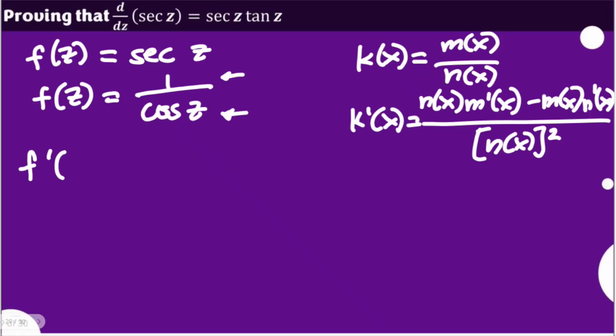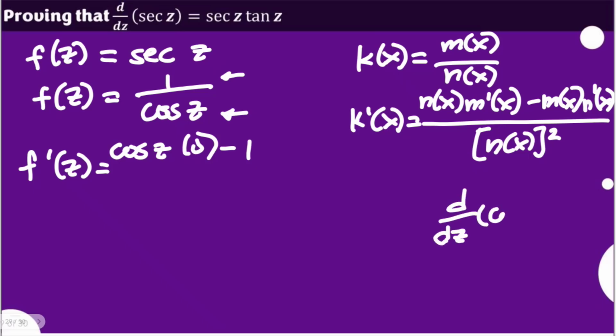Its first derivative will now follow with cosine z times the derivative of 1, which is 0, minus 1 times the derivative. The derivative of cosine z is actually negative of sine z.